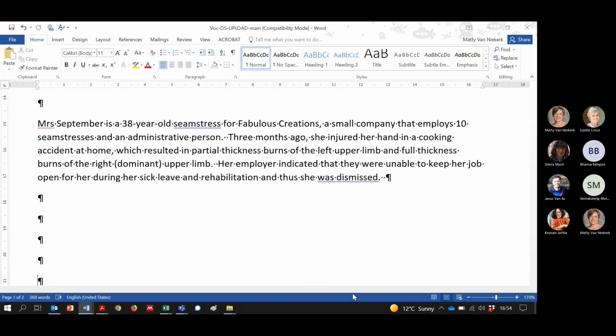If you look at the information in this vignette, the company employs 10 people. That means the students must know that the company is not a designated employer. So they need to tread lightly when making recommendations for snazzy reasonable accommodations, because an employer does not have to make those expensive kinds of accommodations if they're not a designated employer.